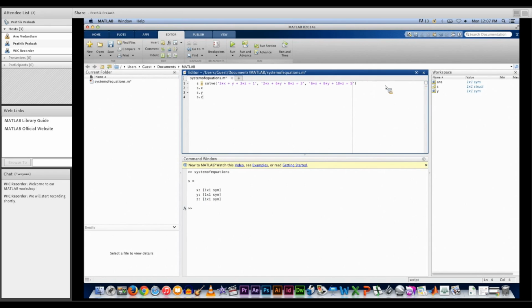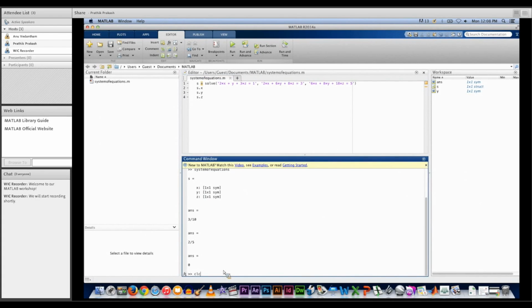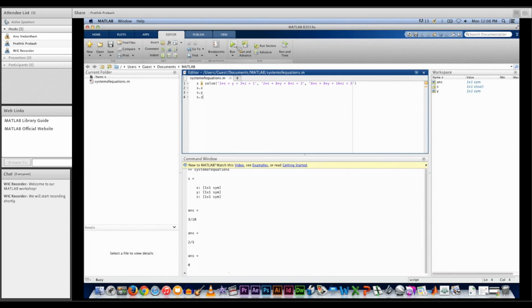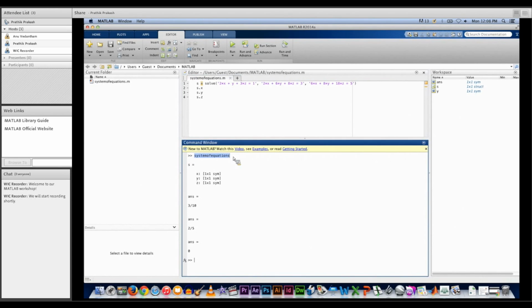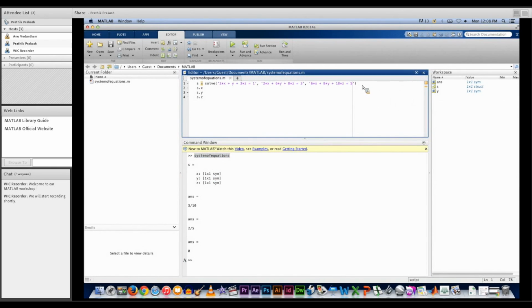I'm changing the code in the editor window, and once I click on run, let me run the file again. So the output in the command window says that we've run system of equations, that's the name of the file. Then since we've not closed the equation over here with a semicolon, it prints out that s has 3 values, x, y, z, and all 3 of them are symbolic values.